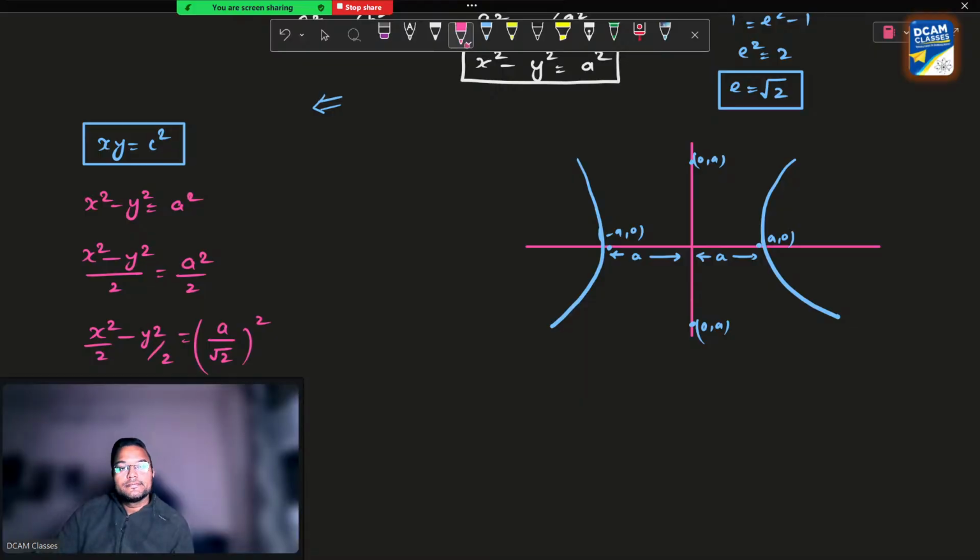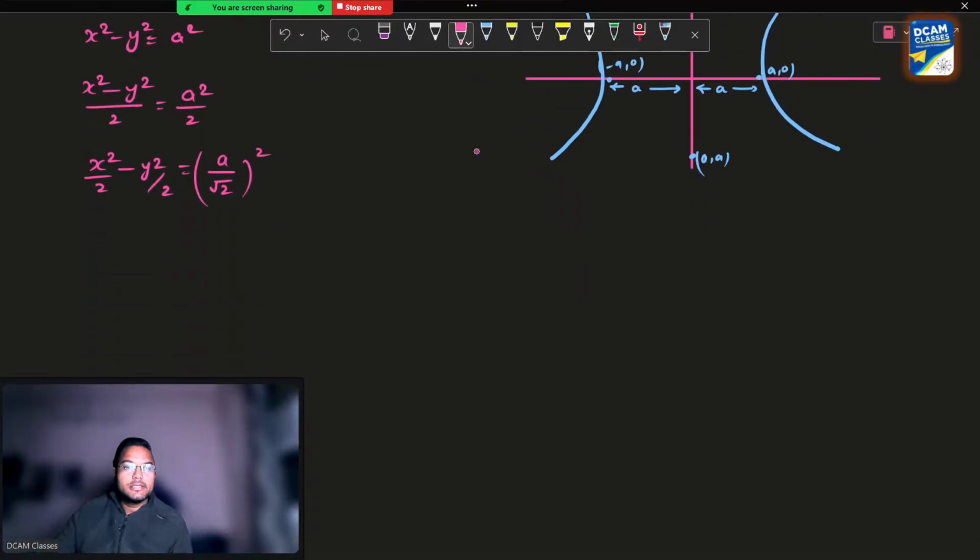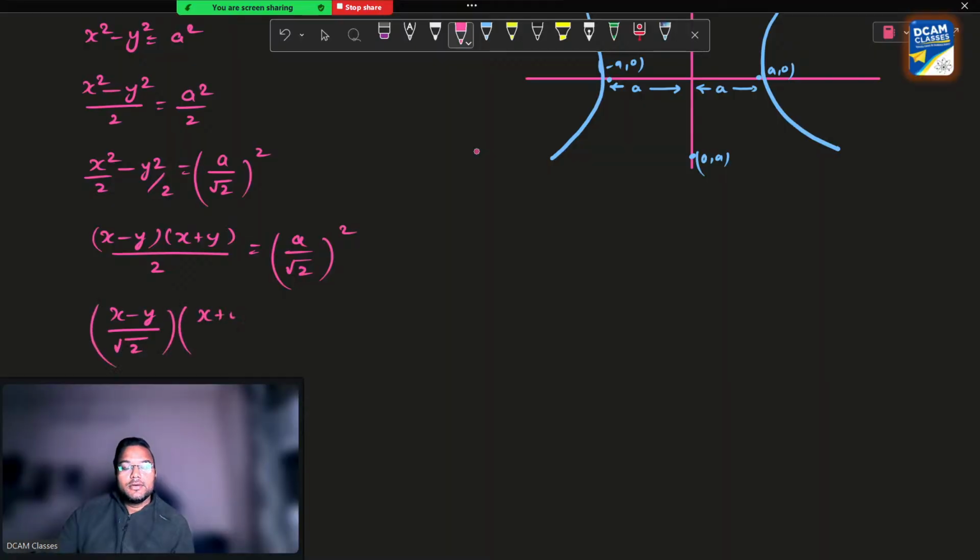Now I can write this as x minus y by root 2 into x plus y by root 2 is equal to a by root 2 whole square.